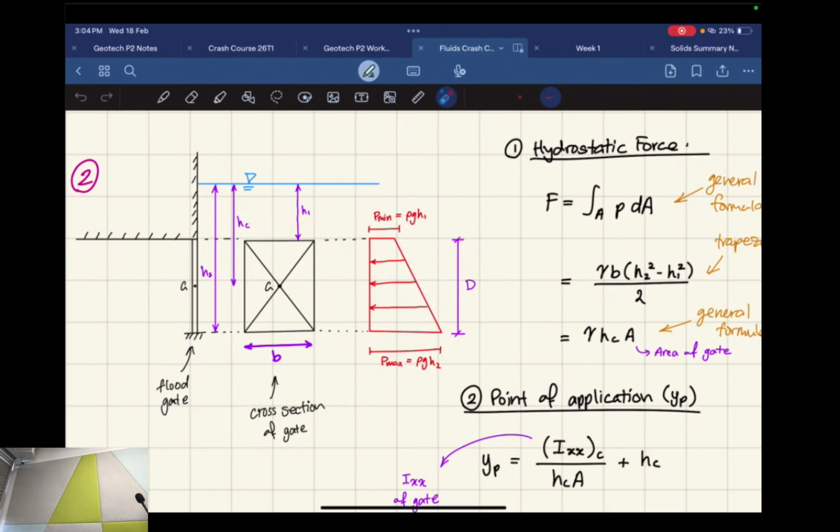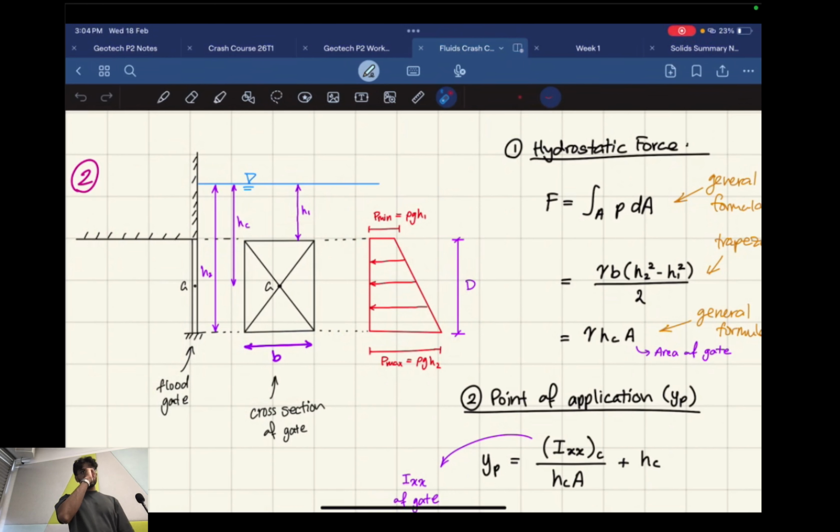So the gate right now, this is my gate here, but my water table, and my water level is up here. Why does the pressure distribution not look like this? Does anyone know? Why isn't it just a triangle like this?